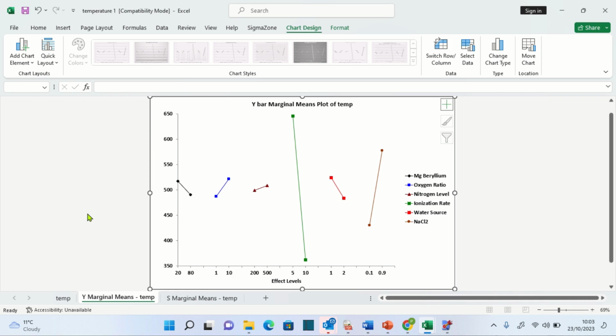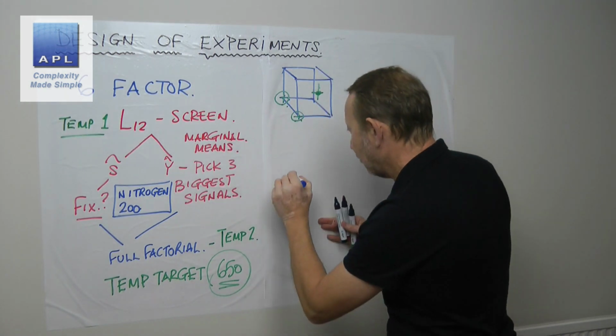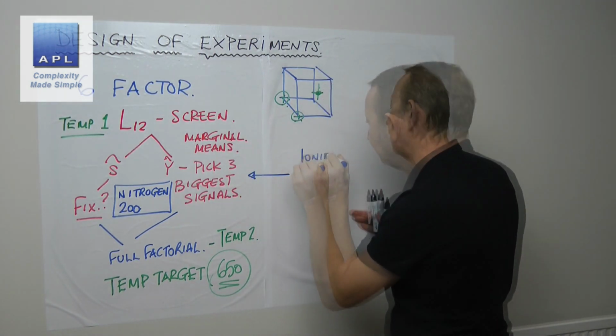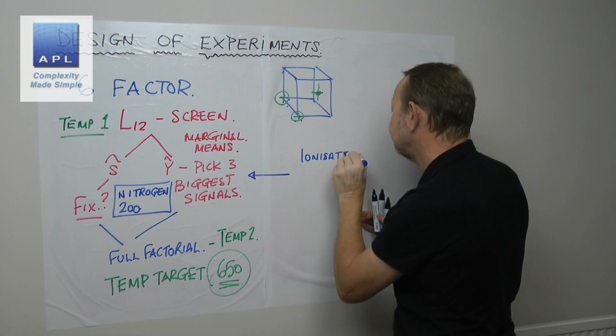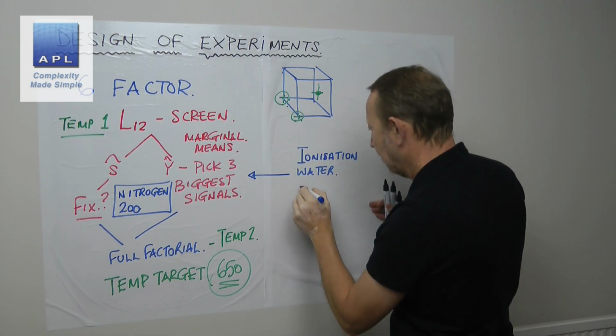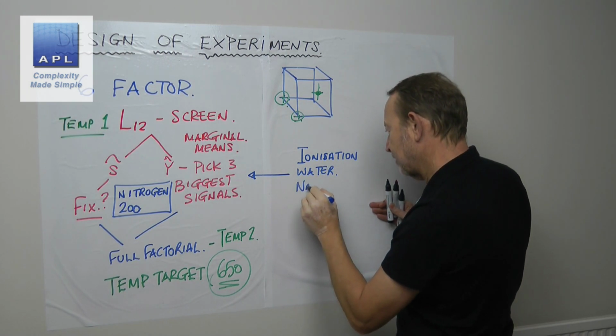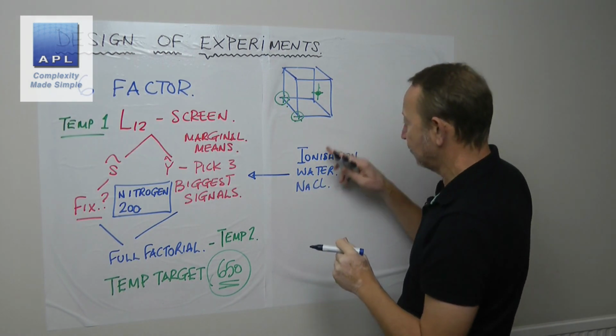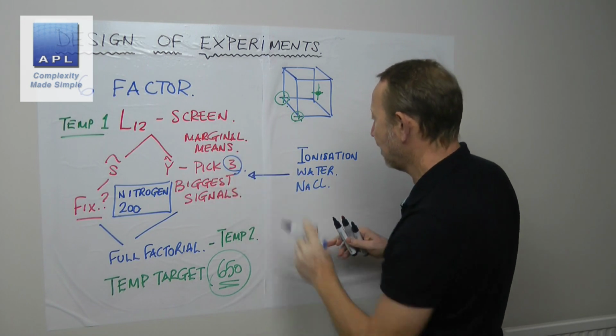So there are the 3 variables: ionization, water source, sodium. Let's put those 3 on the board. Okay, so those three go on the board. Here we go. Ionization, water, and NaCl. So they're the three that we're going to model.